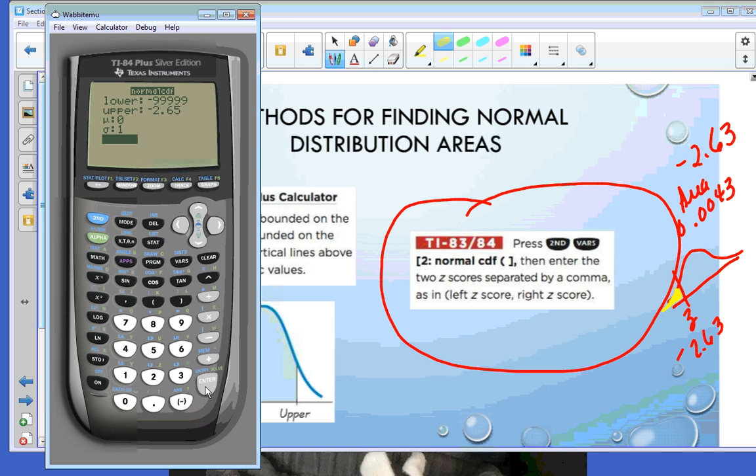I'm going to click on paste, and now both of our screens should look exactly the same. If you don't have 0, 1, that's fine. It'll assume that it's 0, 1 anyway. So now go ahead and press enter, and we used the table and we came up with 0.0043. This is just a tad bit different, 0.0040.